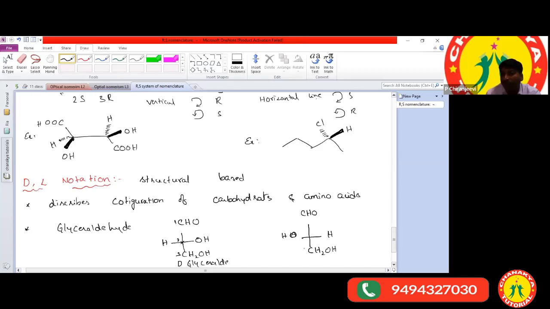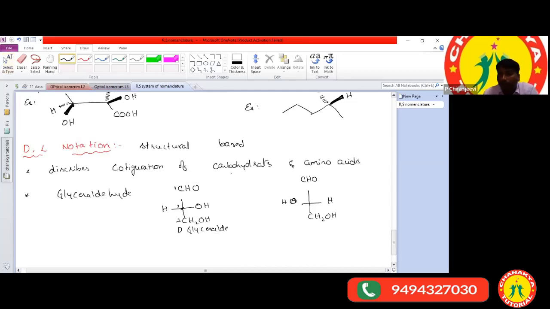And in the second structure, the OH group is present on the left hand side. If at the last but one carbon atom the OH group is present on the left hand side, we call it L-glyceraldehyde.